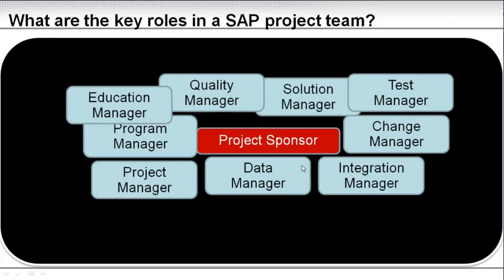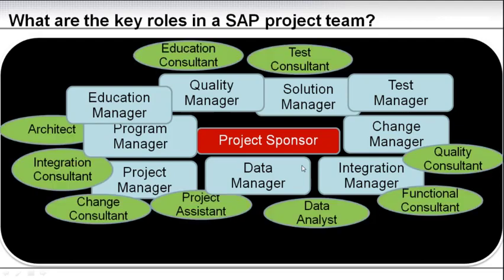But you will need a layer of trusted track leads for your project, and they should all report to the project manager. Then you need the ground staff. You need all the consultants that are going to work in the team under the leadership of your team leads.